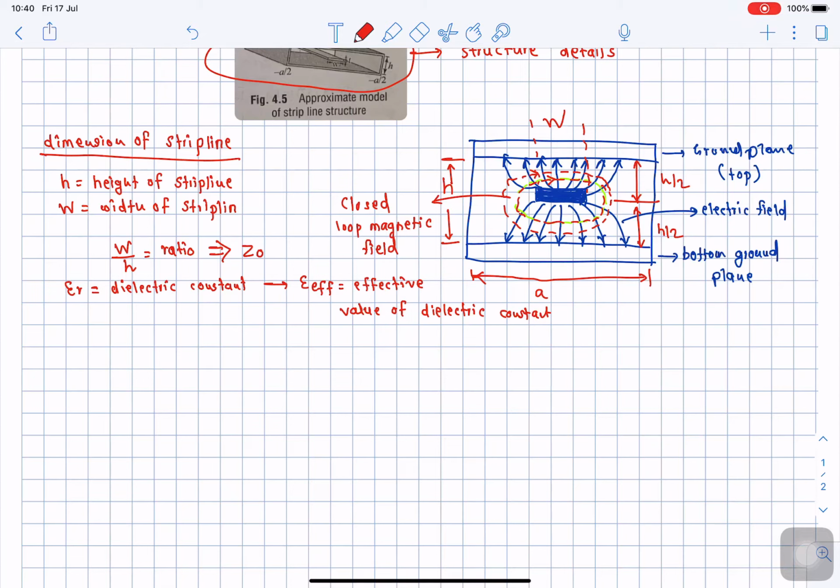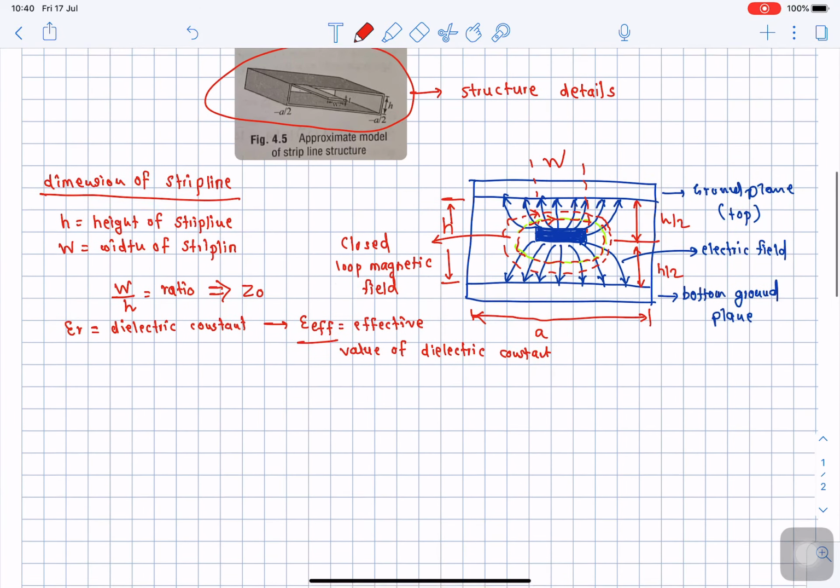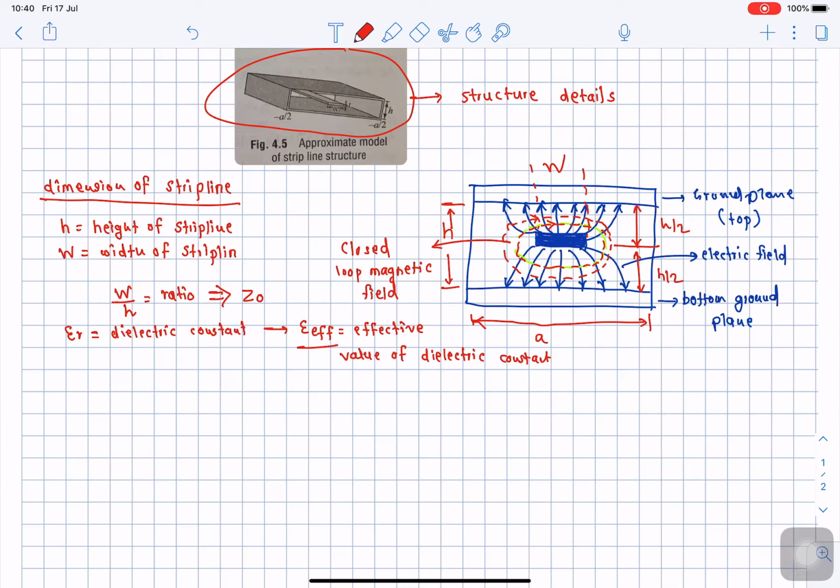We will see what the equation for effective dielectric constant is also, and we already stated that the impedance of this strip line is found in terms of width to height ratio. So with all this specification, the strip line can be constructed and fabricated.